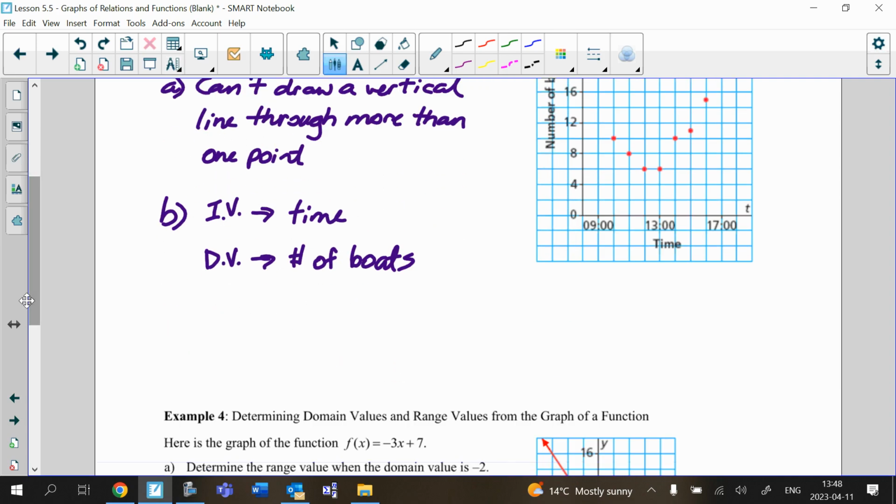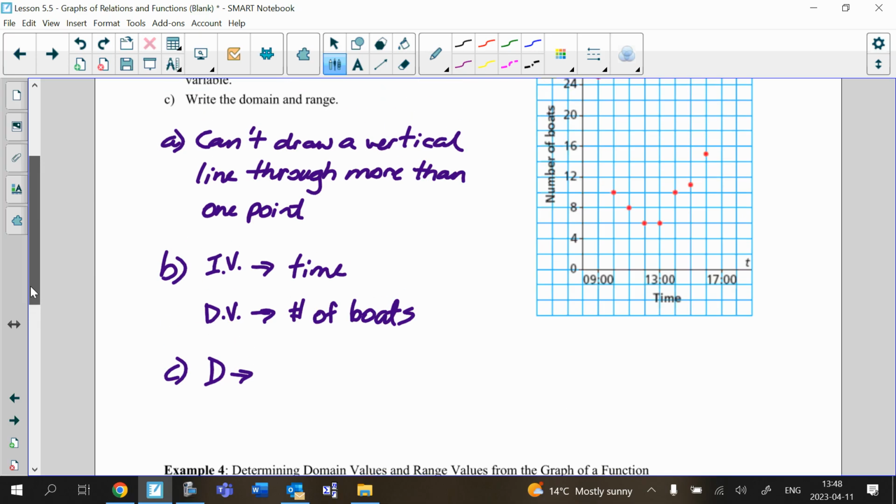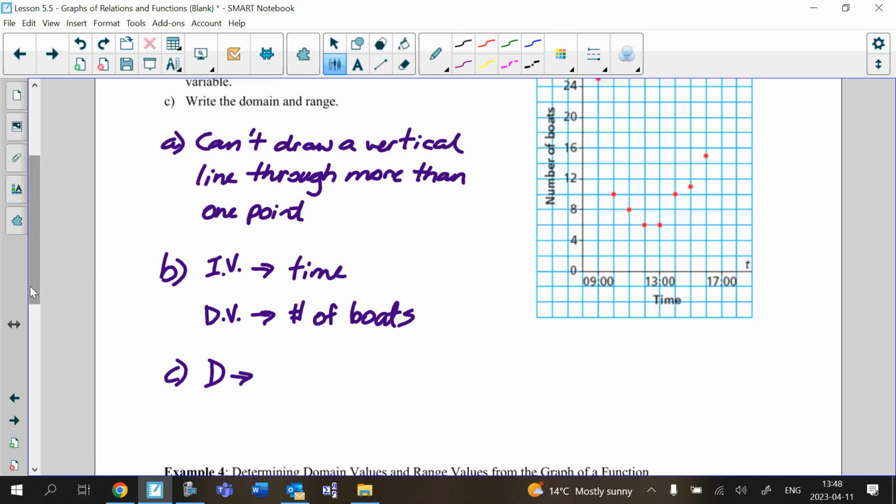So there's one at 10, there's one at 11, 12, 13, 14, 15, 16. Oh yes, there is one at 9. So 0, 900, 10, 11, 12, 13, sorry, because we're on 24-hour time, 14, 15, 16.